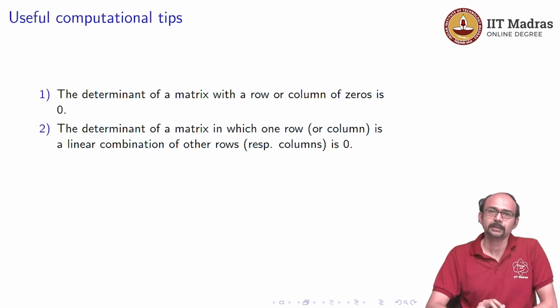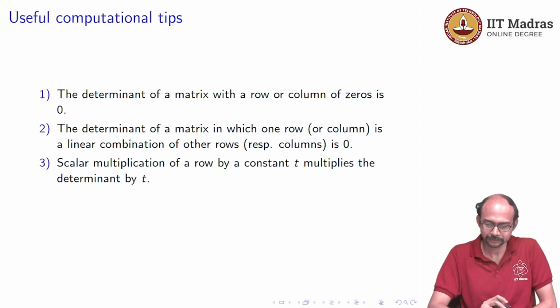Why is that? Because, remember, we can add multiples of a row to another row and the determinant remains unchanged. So you keep adding the appropriate multiples of the other rows to that particular row and you make it 0. Once you make it 0, remember the determinant remained unchanged, and then you have a 0 row or column, and that's how you get that the determinant is 0.